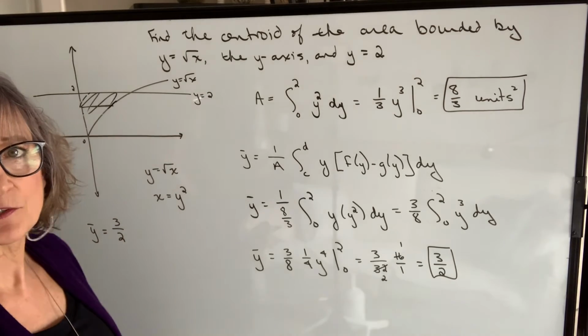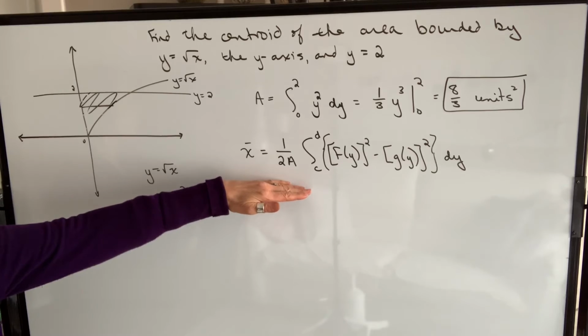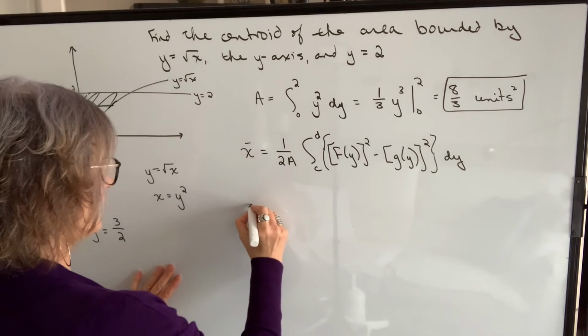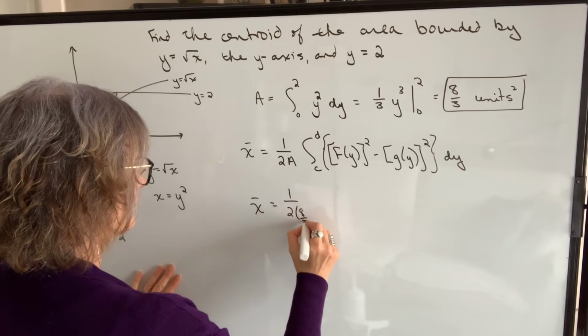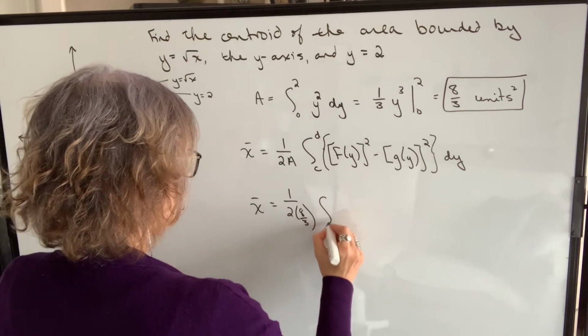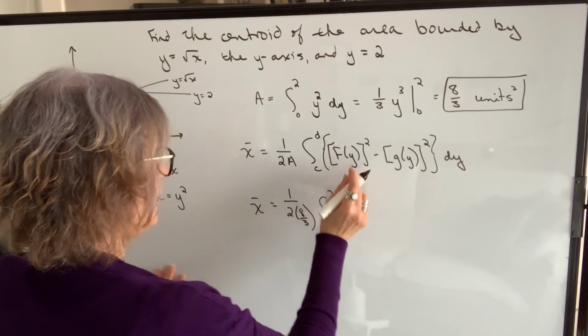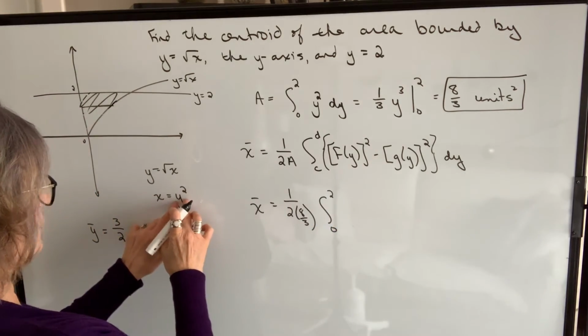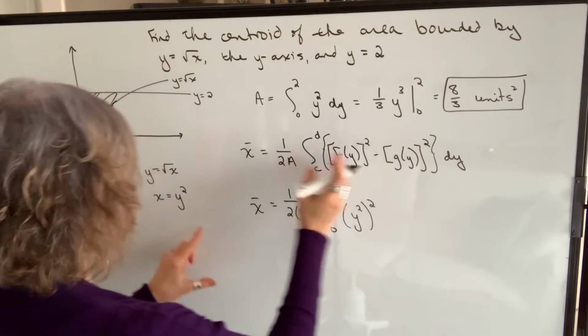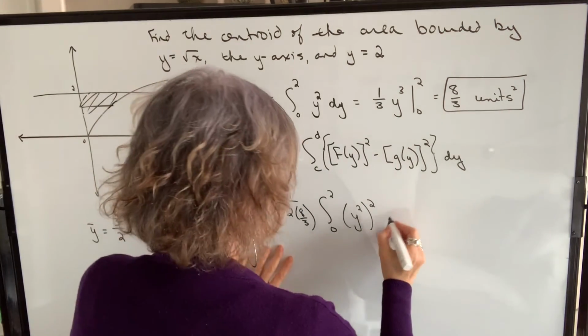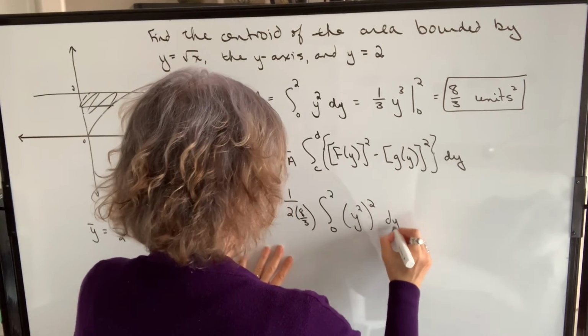Let's calculate the x coordinate. Here's my formula for the x coordinate using horizontal rectangles. So it will be 1/2 times 8/3 times the integral from 0 to 2 of f of y squared, so y squared squared, minus g of y, which is 0, squared is still 0, dy.